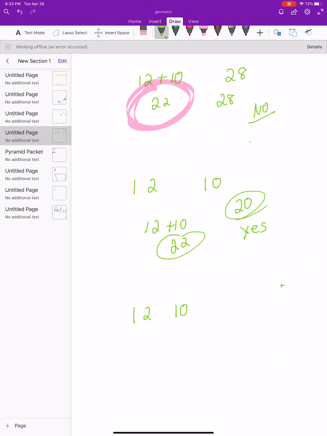So I know that a 1 foot one won't work because 1 and 10 give me 11. That doesn't work. 10 and 2, that's just going to fold right down on top of that 12, right? So I have 12 here, and I got 10 that goes across to there, and then I got this little 2 there. It's not going to angle up at all. It's going to add up to the same thing, so that doesn't work.